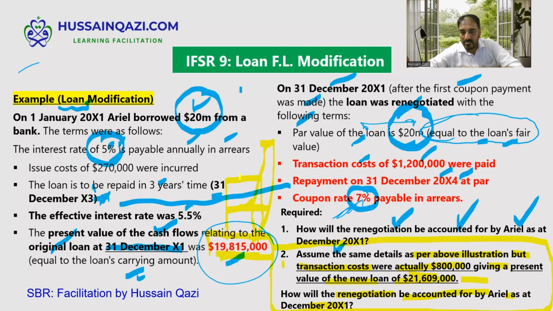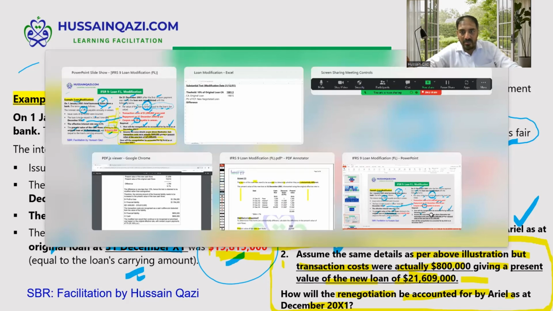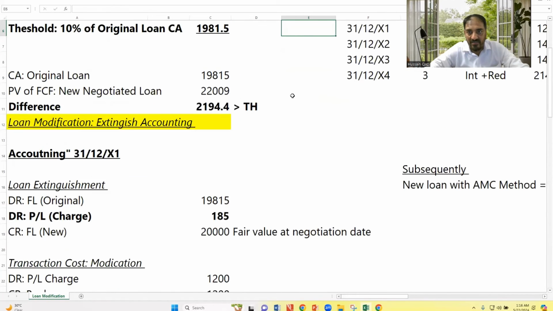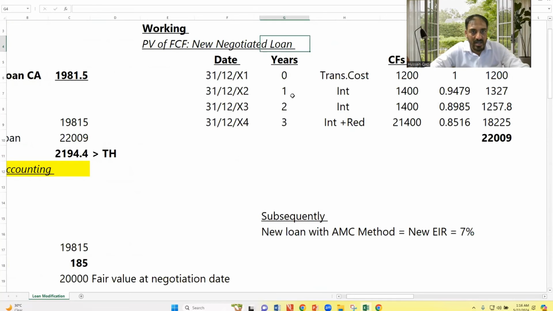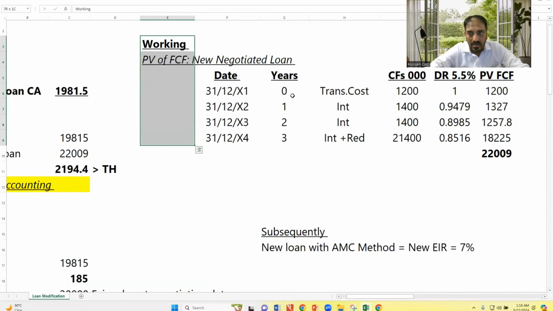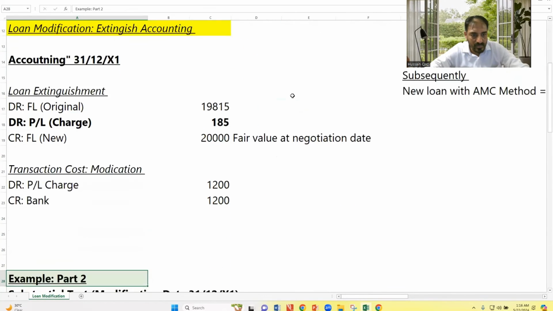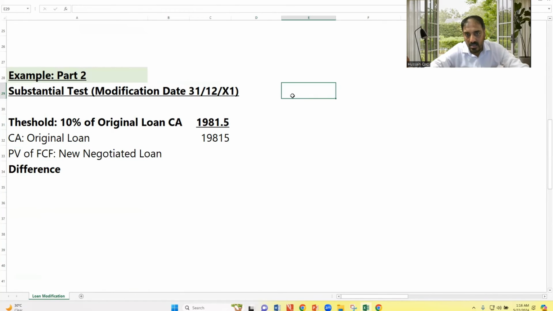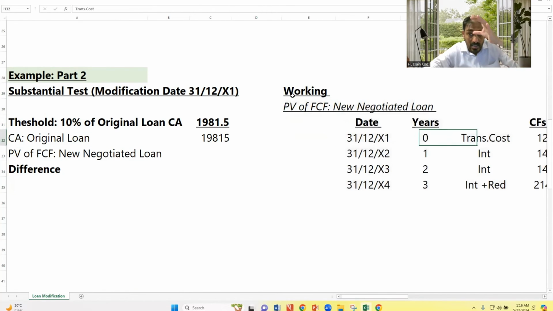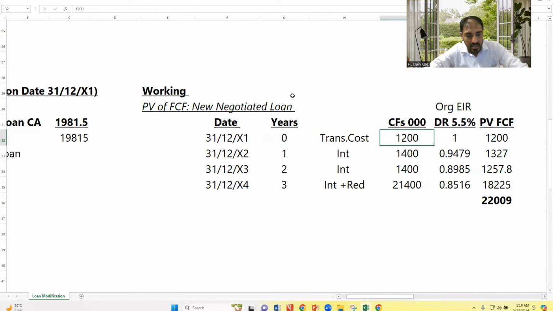So what's mentioned here? Assume the same details as per the above illustration, but the transaction cost 800, giving a present value of the new loan 21,609. Whatever calculation we made earlier, the working of the present value of future cash flows, here they are saying that with this present value of the negotiated loan, the transaction cost instead of 1200 is 800.